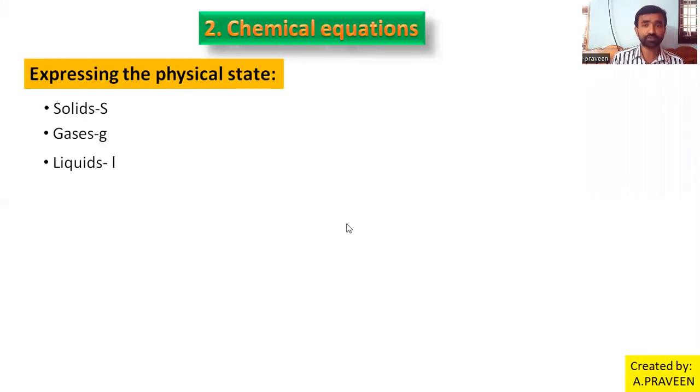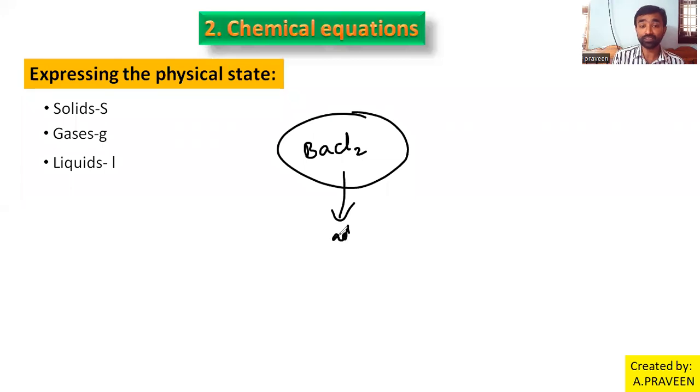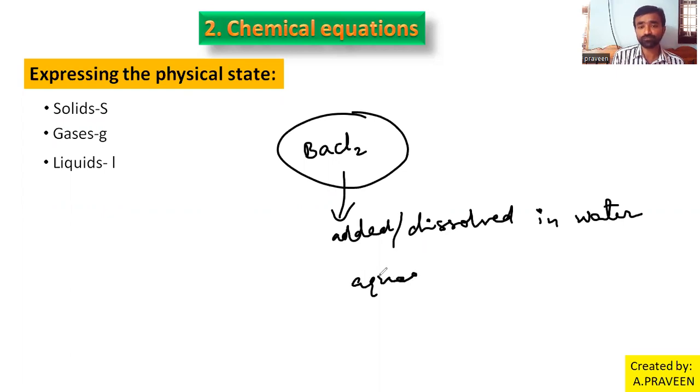If it is dissolved, suppose in activity 2, I prepared a solution called BaCl2. How did I prepare it? It is added or dissolved in water. That type of solution is represented as an aqueous solution.